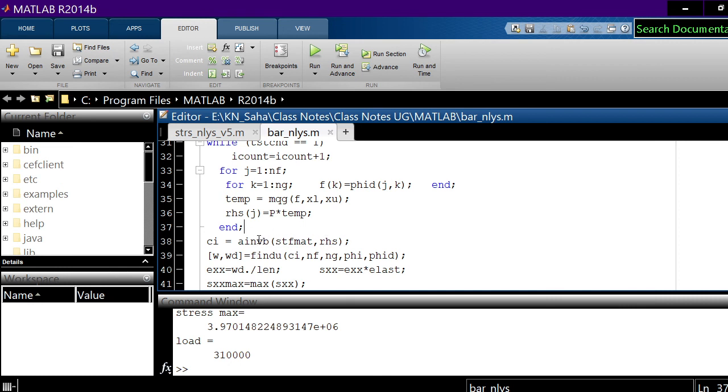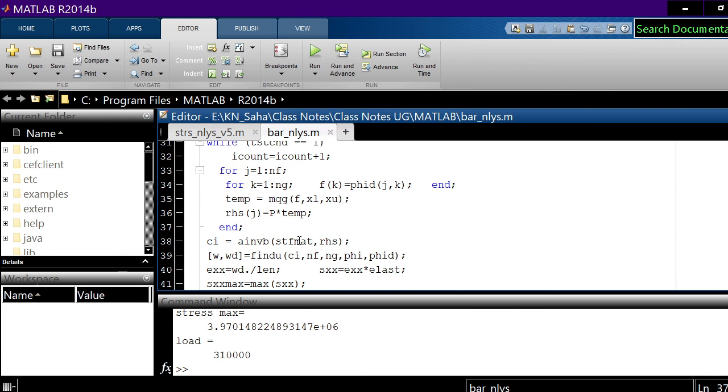So this is again another subroutine. This is the argument, stiffness matrix and right hand side vector. The rest of the operation is done within the subroutine. Is it clear? And if this C is known, this is the vector of unknowns.